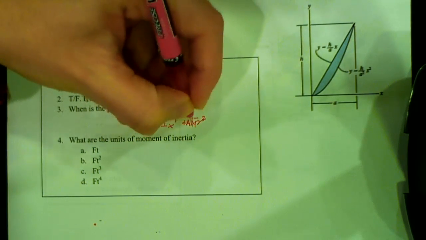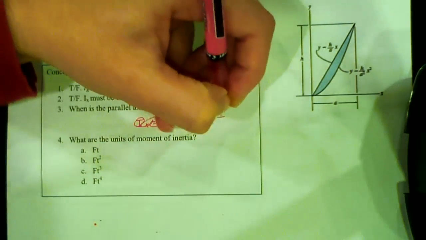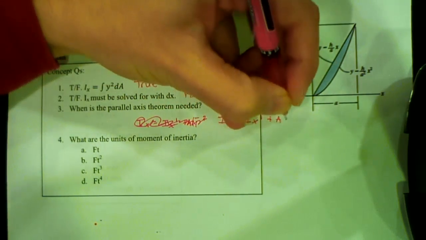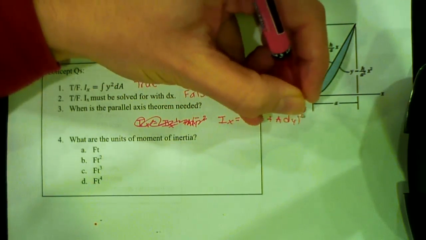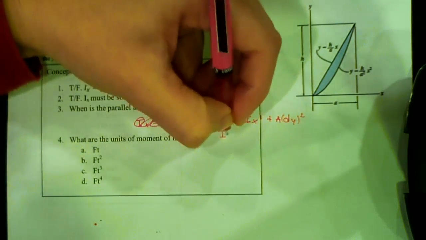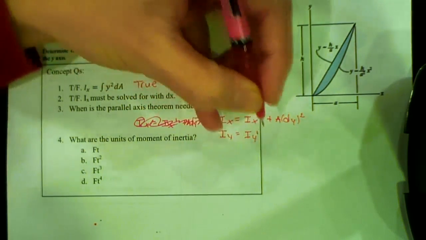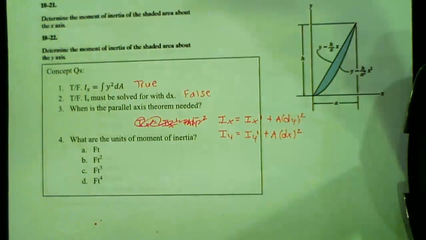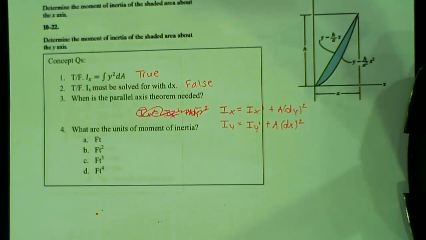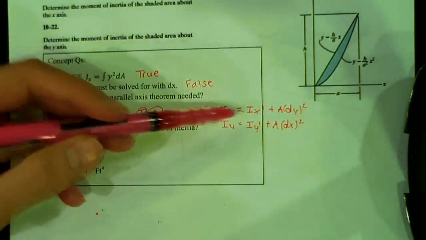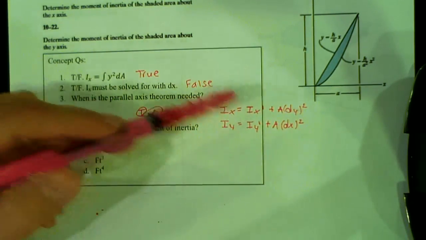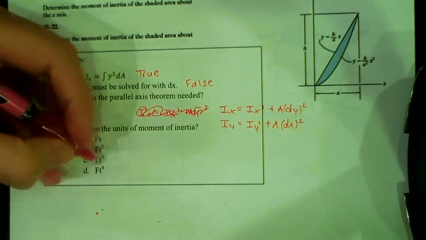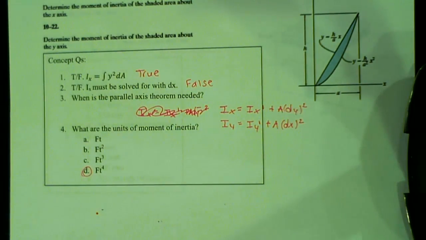So for Ix, it's Ix prime plus A dy squared. Then for Iy, it's Iy prime plus A dx squared. The only thing with these is that they flip. And what are the units for moment of inertia? Good. So feet to the 4th.